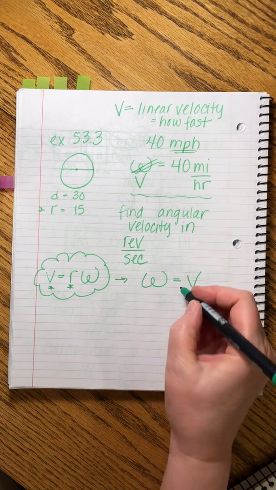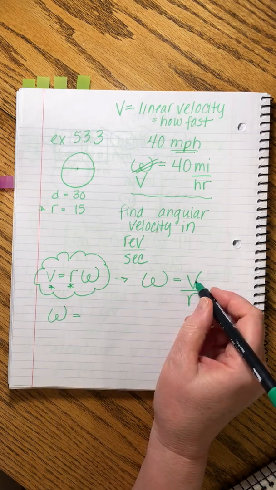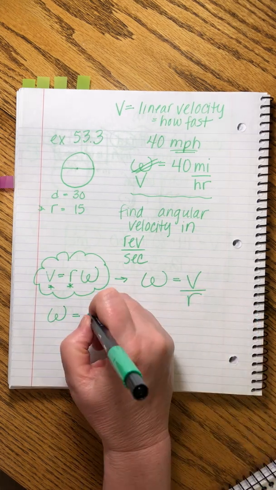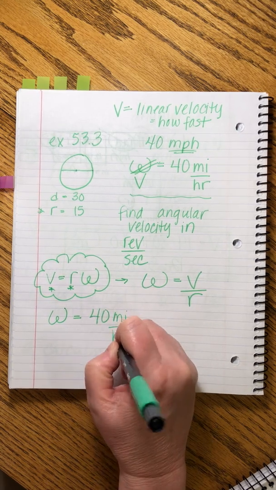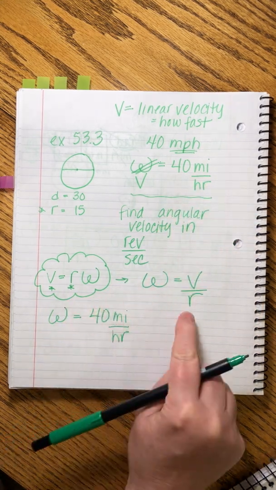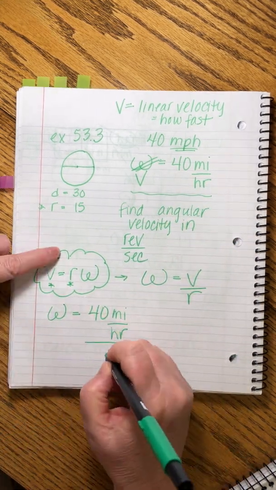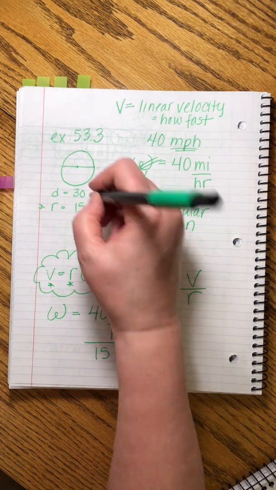We know our linear velocity is 40 miles per hour, because that's right there. And then we want to divide it by the radius, and we know the radius is 15. And what's our unit on that? Inches.